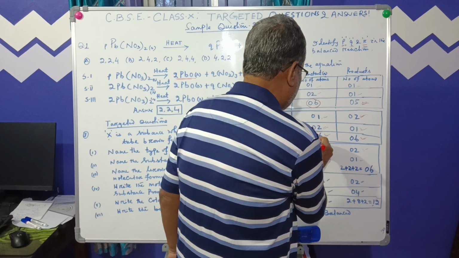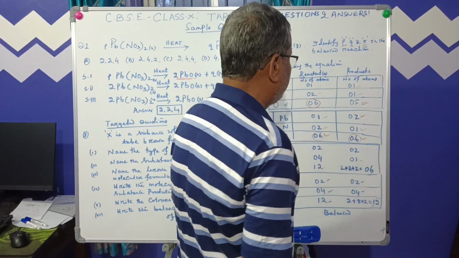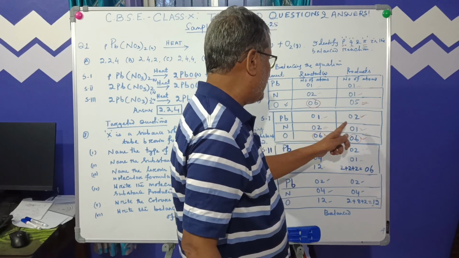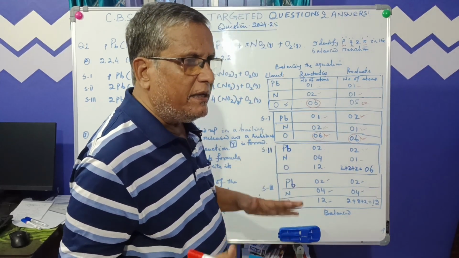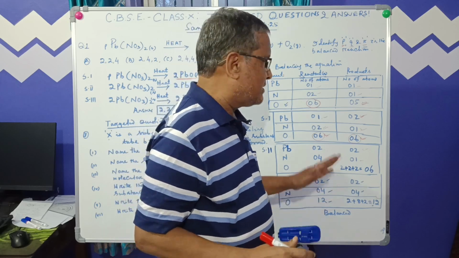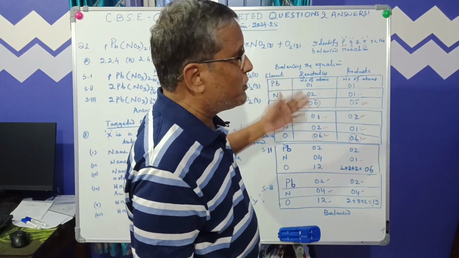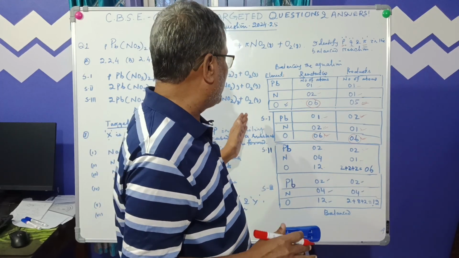Now we got 6 and 6, but we are not happy because we have to equalize the number of atoms on the reactant side and the product side as per the law of conservation of mass.